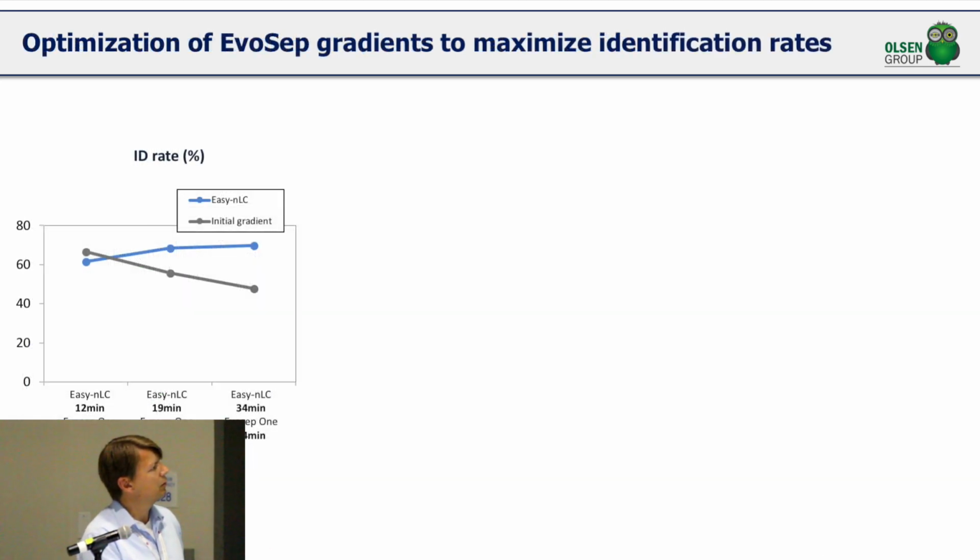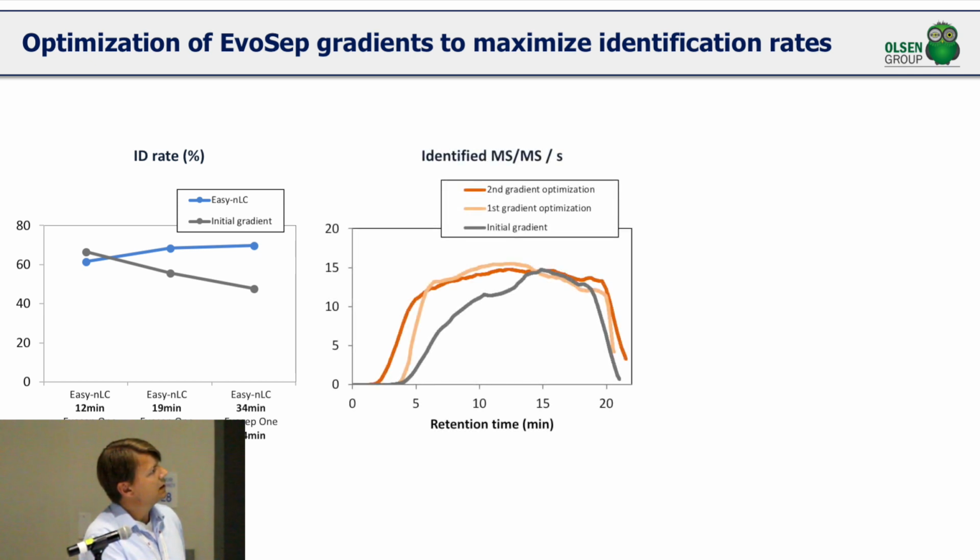Therefore, we went through a couple of iterations to optimize the gradient together with the guys from EvoSep. You can see this is the original gradient, and the first optimization, and now the second one, where we are really maximizing the identification rates in the early parts of the gradients.